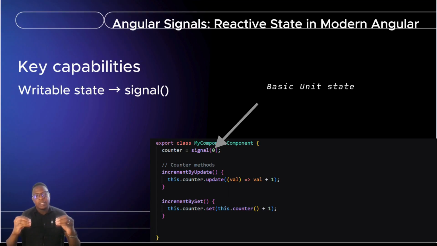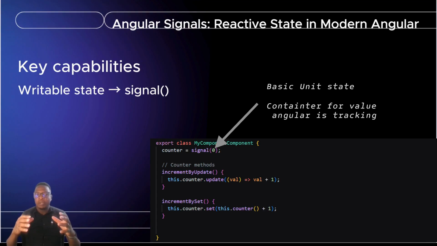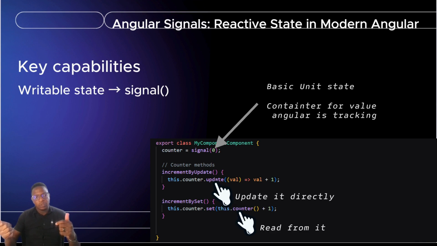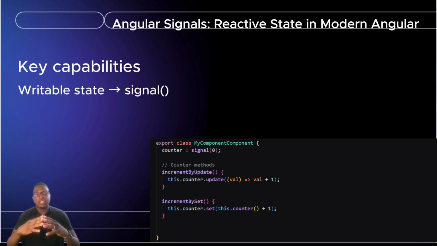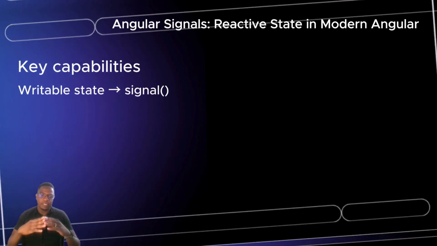You can think of it as a value container that Angular is tracking. You can read from it and update it directly. So instead of managing state through services, subjects, or subscriptions, you simply define a signal and mutate it when needed. It's your simplest form of reactive state.